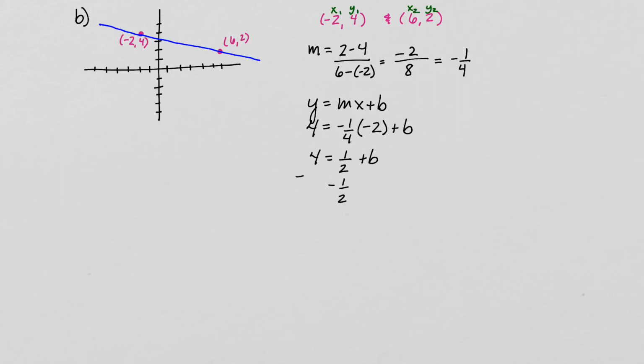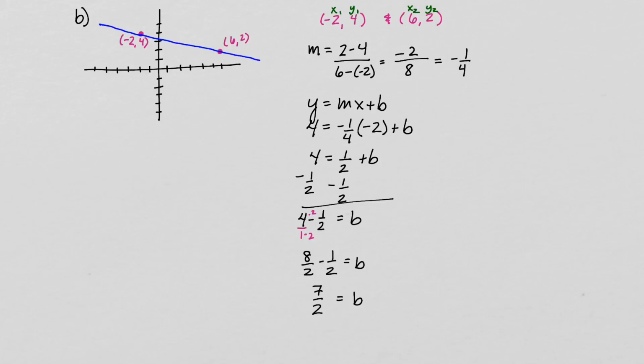So 4 is equal to, if I multiply -1/4 times -2, that's 1/2 plus b. I'll subtract 1/2 from both sides, so on this side I have b. Again, you could put 4 minus 1/2 into your calculator. If you didn't, you want to think of the 4 as 4 over 1, and then make a common denominator by multiplying top and bottom by 2. In which case, b is equal to 8/2 minus 1/2, so b is 7/2.